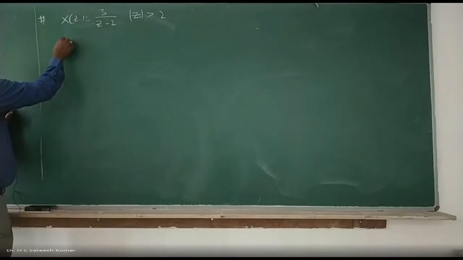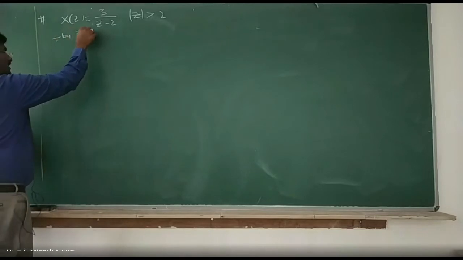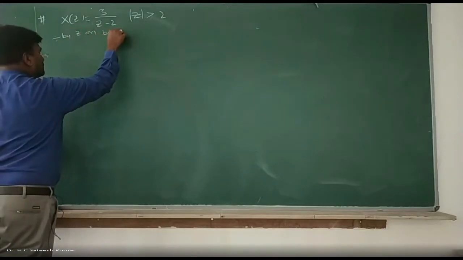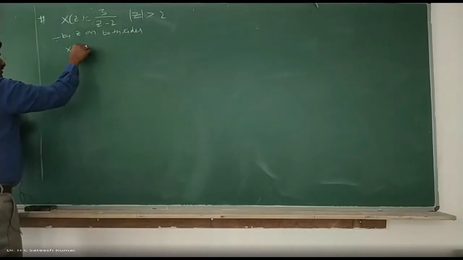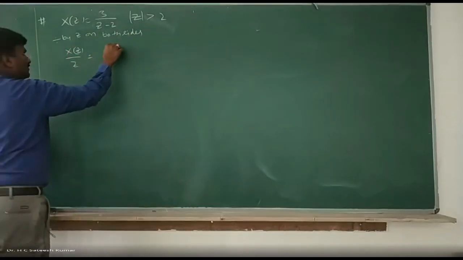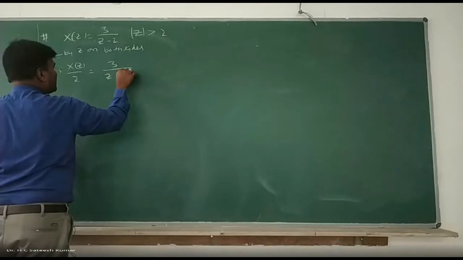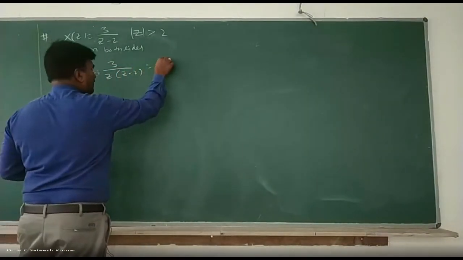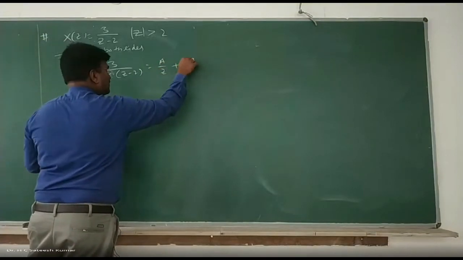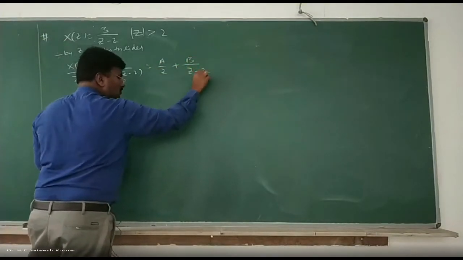First of all, we have to take X of z by z. Divide by z on both sides. X of z by z is equal to 3 divided by z into (z minus 2), which is equal to a by z plus b by (z minus 2).